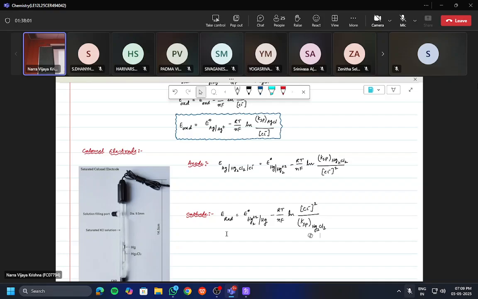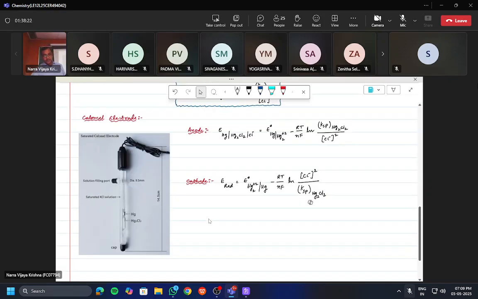Done or not? Yes, next, metal insoluble salt electrode. Then calomel electrode. Right? Actually, calomel electrode is nothing but part of metal sparingly soluble salt only. Now, metal oxide hydroxide electrode is also a part of metal sparingly soluble salt only. So now I am taking another electrode.